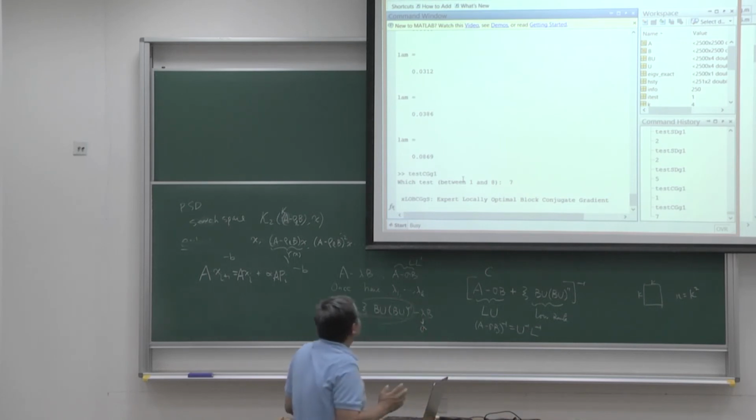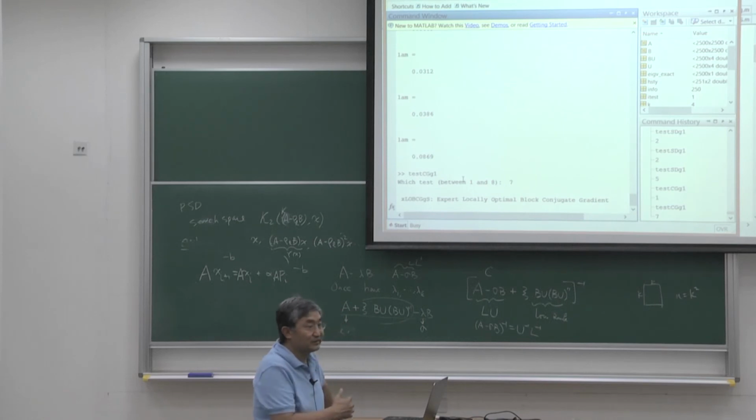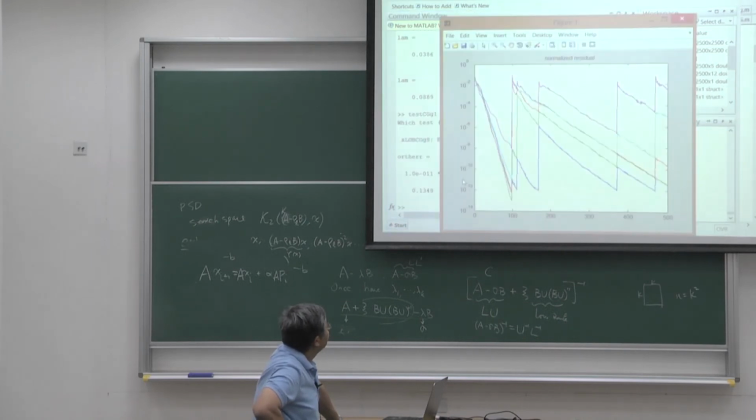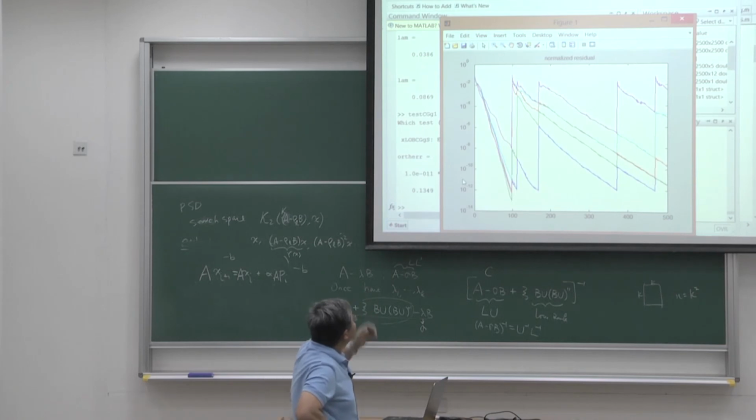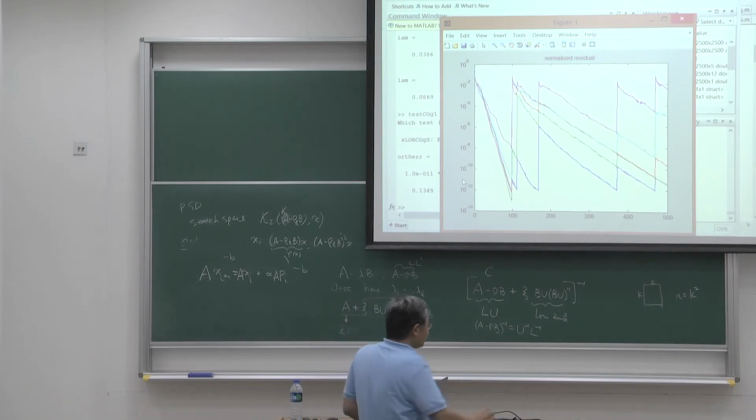In the SD case without preconditioner, there is not much convergence going on. If you want very fast convergence to a very small tolerance, it won't do you any good. This is again with block size 4. I asked for 10 eigenvalues. It didn't finish all 10, but this is without preconditioner.